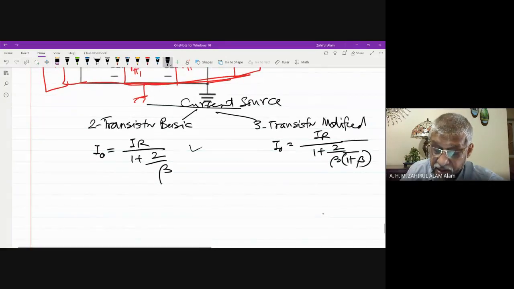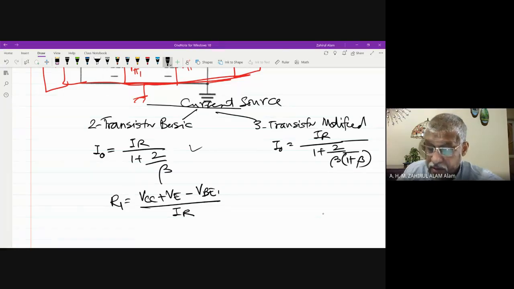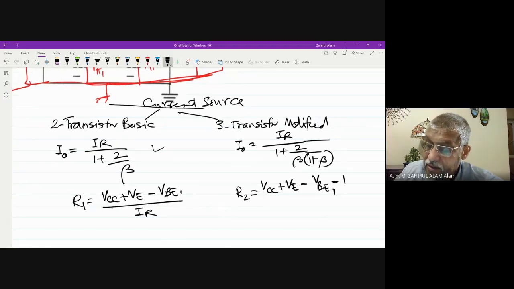Then if you consider the R1 resistance, VCC plus VEE minus VBE1 divided by IR, and R2 is equal to VCC plus VEE minus VBE1 minus VBE2 or VBE3 divided by IR.